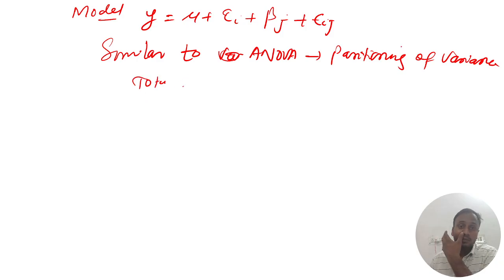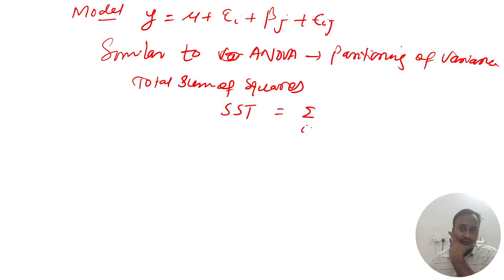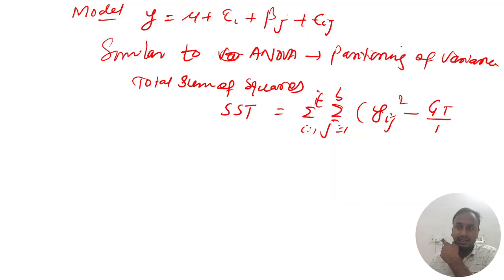The total sum of squares, SST, is the summation over i equals 1 to t and j equals 1 to b of Yij squared minus the grand total squared divided by N. I'll tell you what the grand total, GT squared, is.